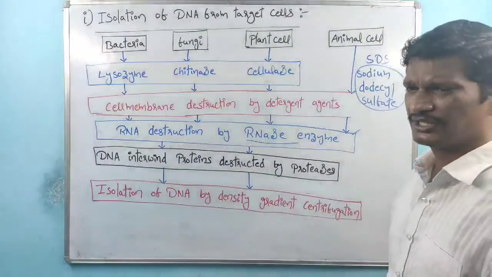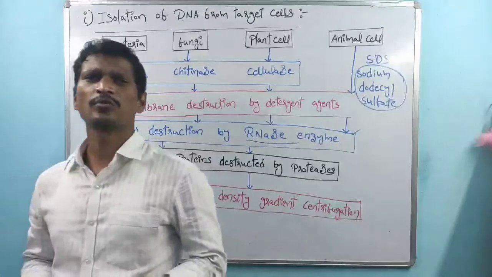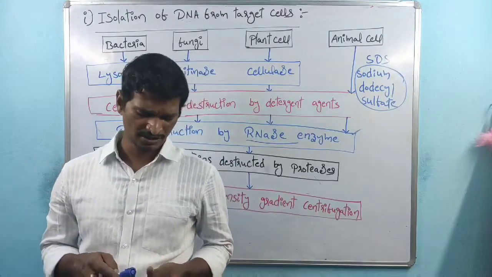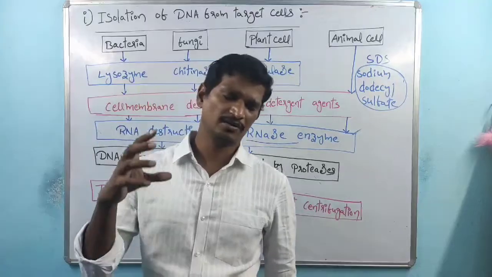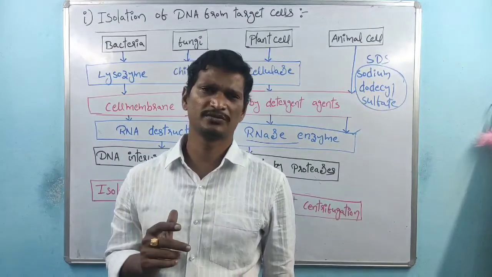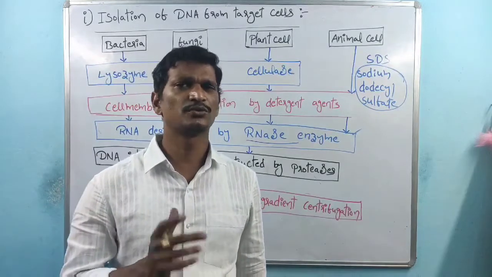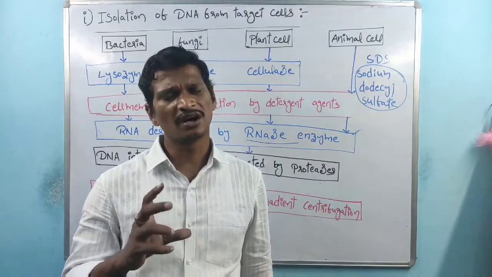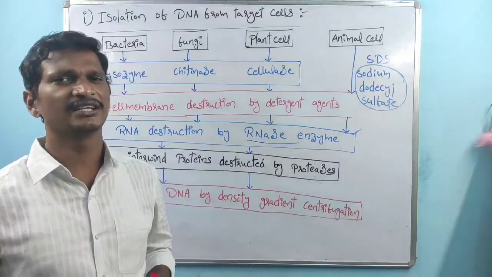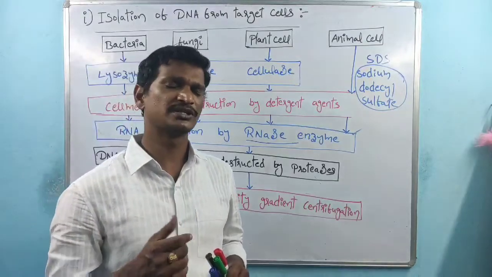Next step is, see, DNA may not always exist in the chromatin state, meaning the free or decondensed state. In some cases, the DNA is involved in the condensation process, that is, chromosome formation. That is, DNA interacts with some histone proteins or non-histone proteins. So if we want to collect the DNA, we need to remove the proteins also.